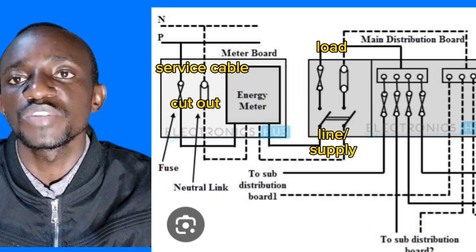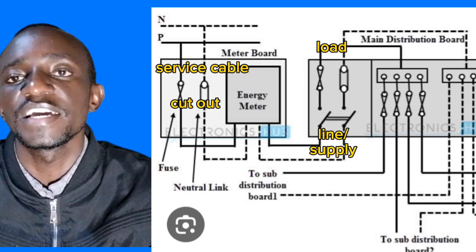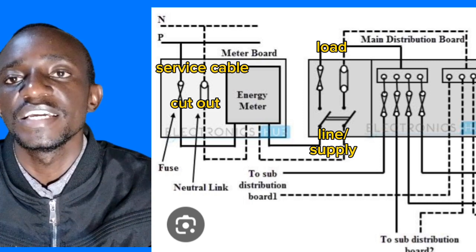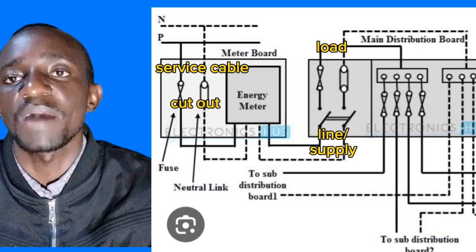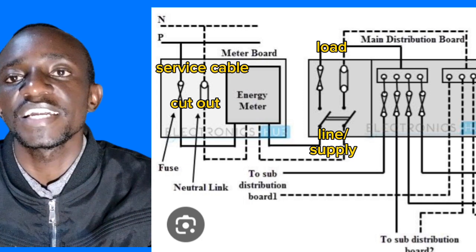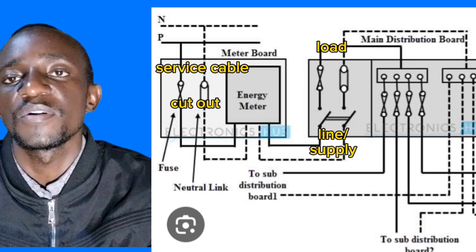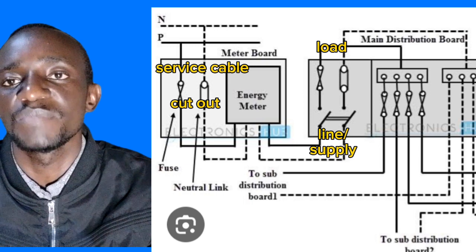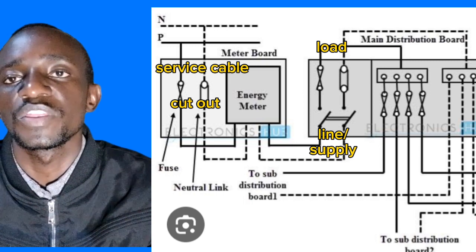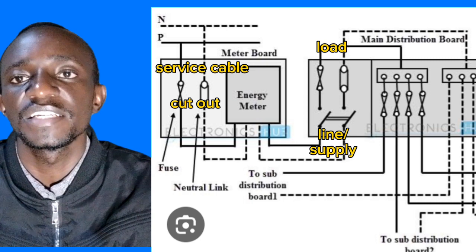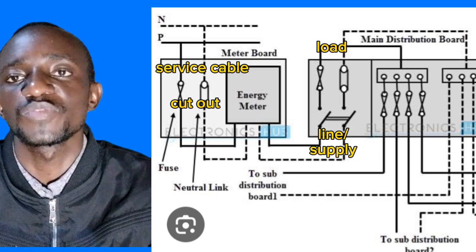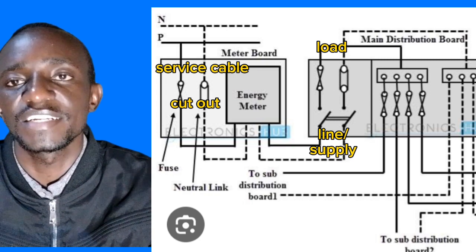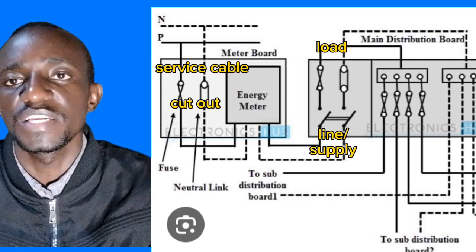In the terminals which are written supply or line is where we connect the live in and neutral in. They are also marked. One is marked L, meaning line or live, and the other one is marked N, meaning neutral. So the N and L, which are written supply or line, that's where we connect our terminals from the meter, and the ones that are written load, that's where we connect the terminals which are moving to the distribution board.